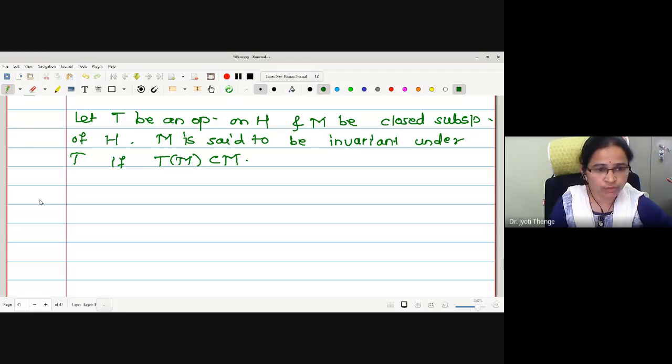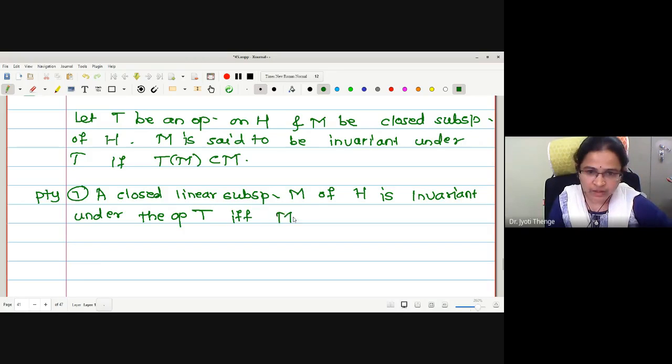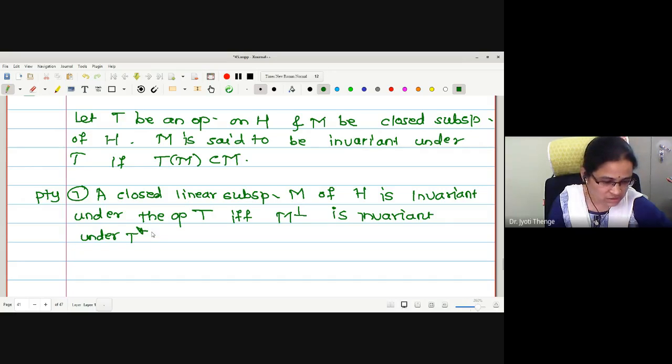Okay. One or two properties we will take here. Property number 1: a closed linear subspace M of a Hilbert space H is invariant under the operator T if and only if M perp is invariant under T star.